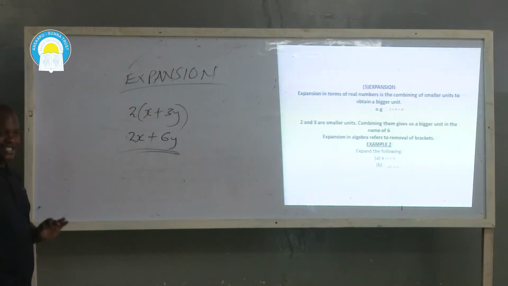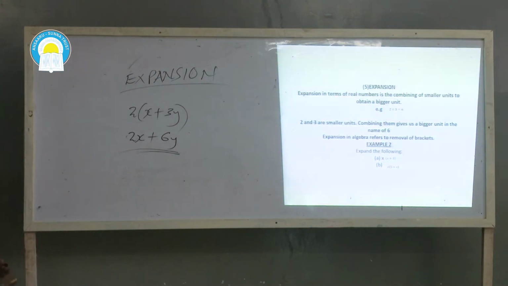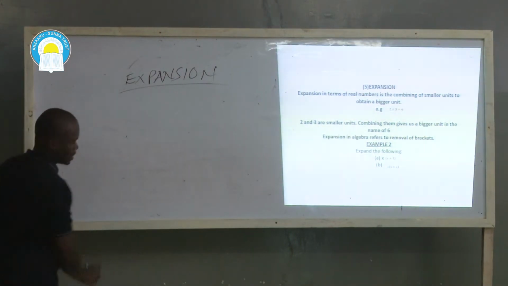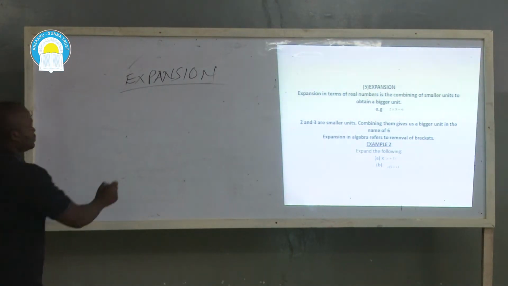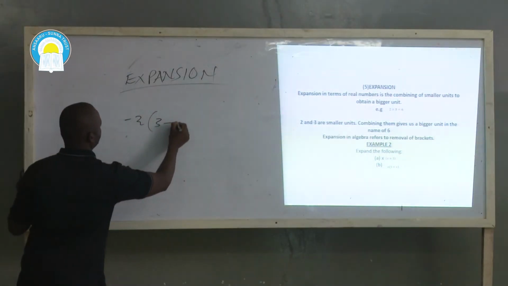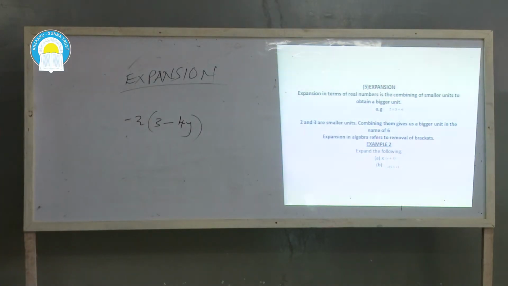But even as you remove the brackets, take care of the rules of integers you covered in Form 1. Of course now, my second example will factor in that particular concept. Example 2 will be negative 2 into 3 minus 4y.